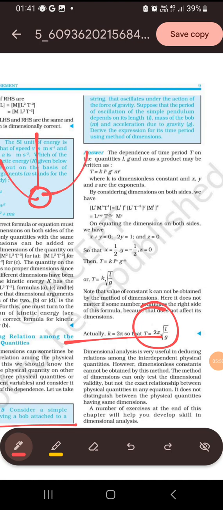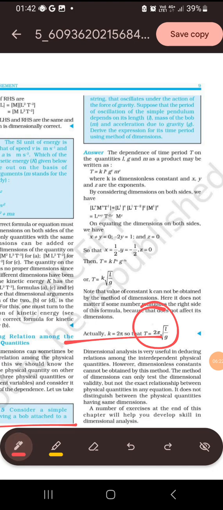Suppose they are asking for the time period. Suppose the time period of oscillation of a simple pendulum depends upon the length, the mass of the bob, and the acceleration due to gravity. So these are the three quantities. If the time period depends on these, what will the time period be? So the diagram is over.